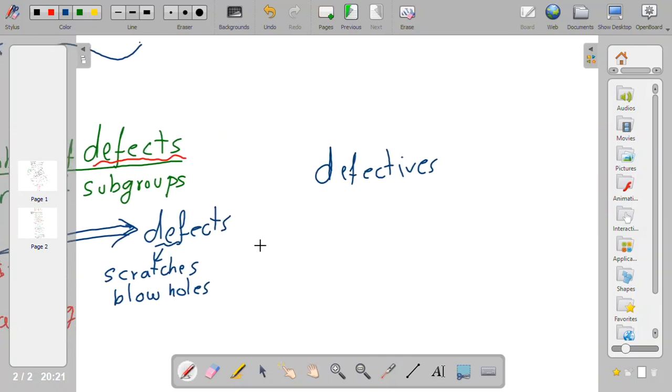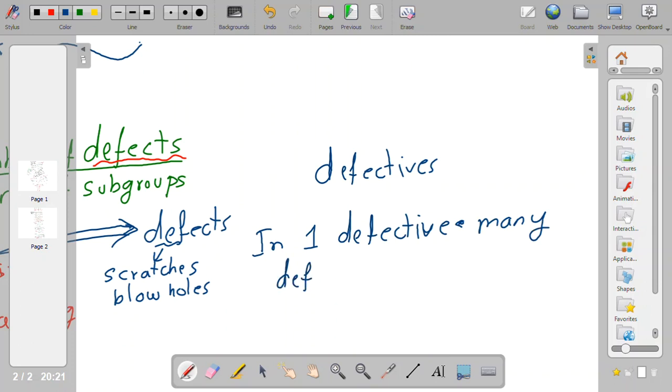I just write here: in one defective many defects will be there.